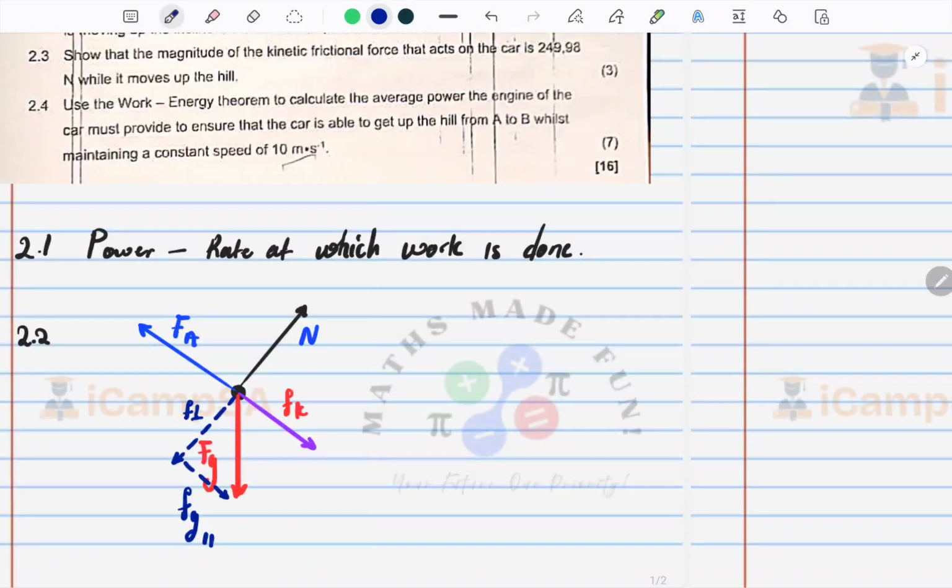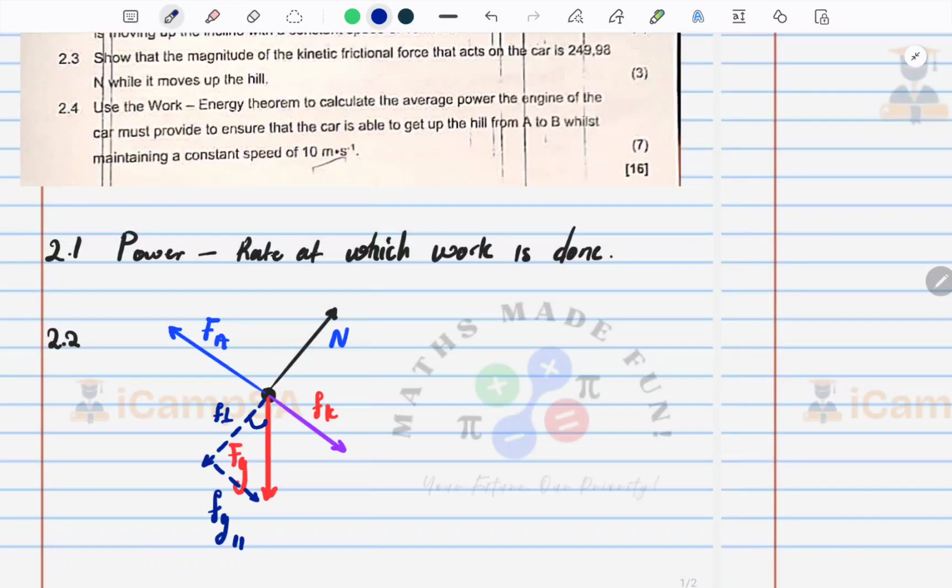Now you need to be able to calculate this. What do you use when you are calculating these components? If you put your angle here, you've got Fg and you are looking for F perpendicular. So I can say cos theta is equal to F perpendicular over the hypotenuse side, which is Fg.